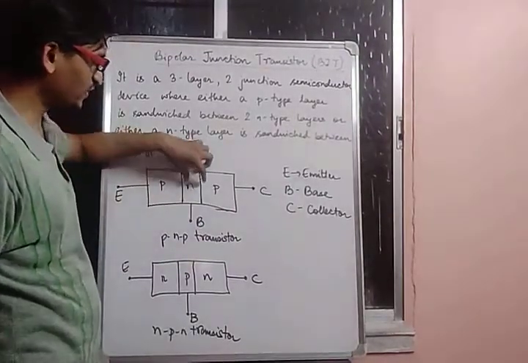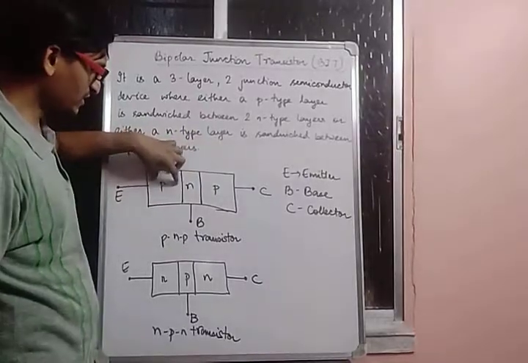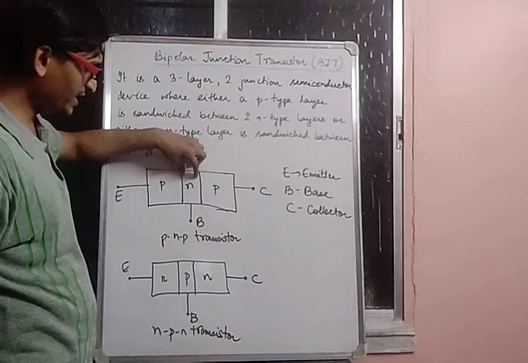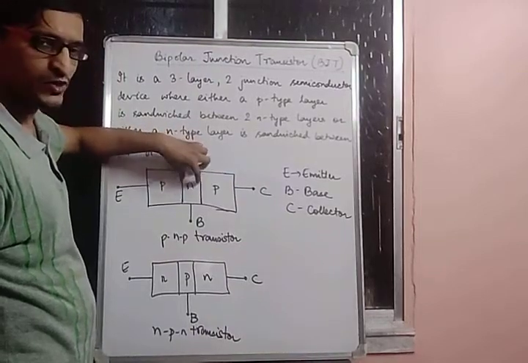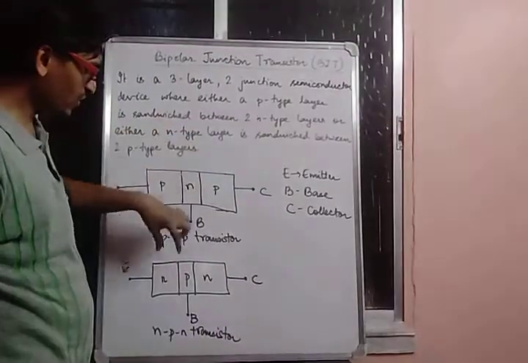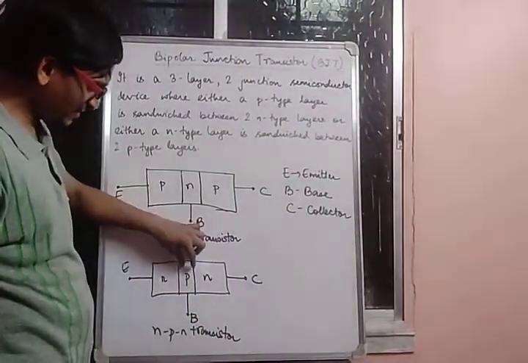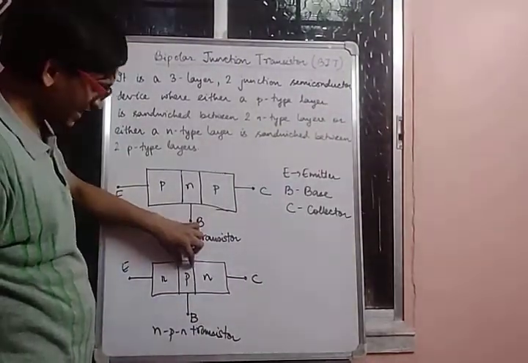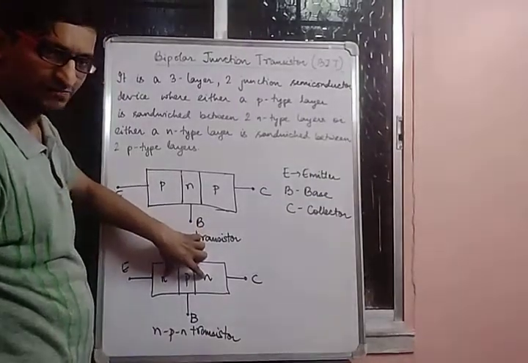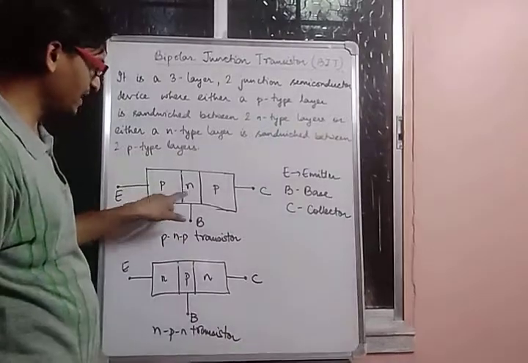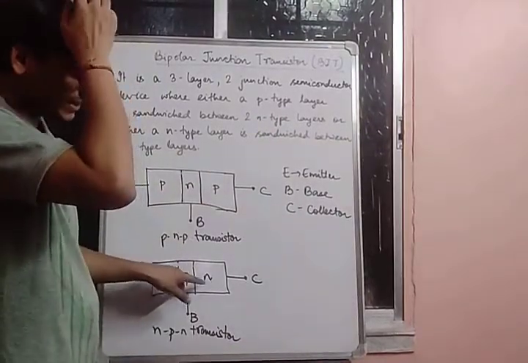It consists of three layers: one this one, another this one, and the third this one. In this case, the n-type layer is sandwiched between two p-type layers. On the other hand, in this type of BJT, a p-type layer is sandwiched between two n-type layers. This is called a PNP transistor and this is called an NPN transistor.